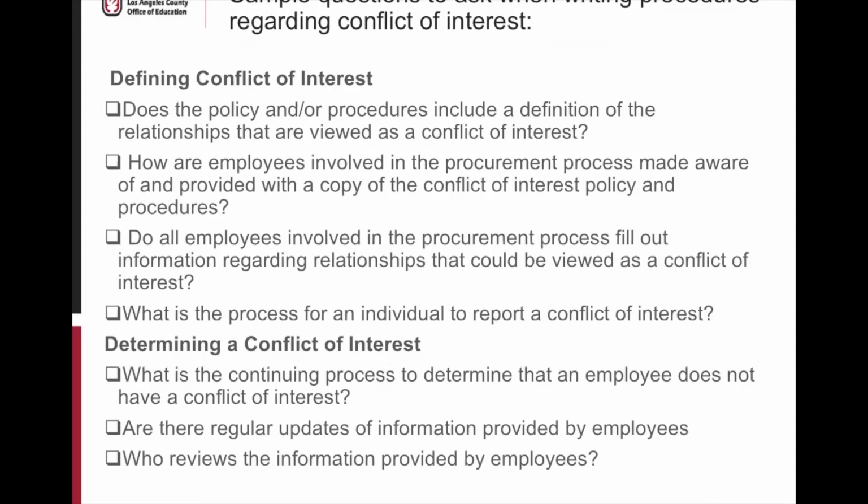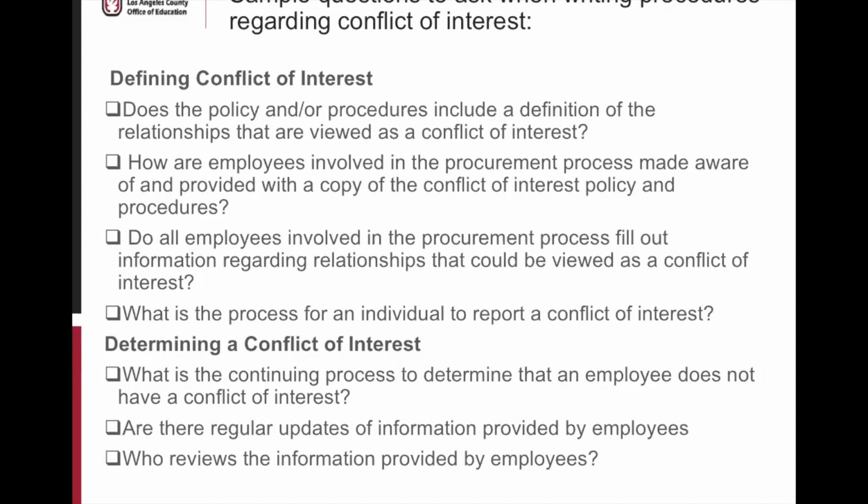So the next slide, we'll see that there are some questions that you might ask when you're writing procedures for conflict of interest. And the first one is, how does the policy or your procedures include a definition of the relationships that are viewed as a conflict of interest? So what would that be? Have you defined it?